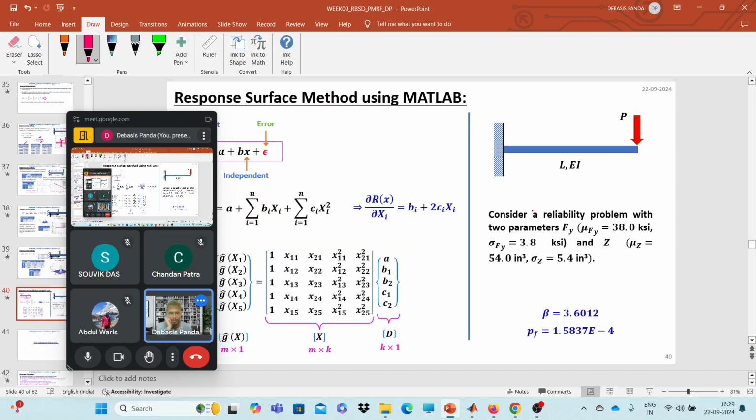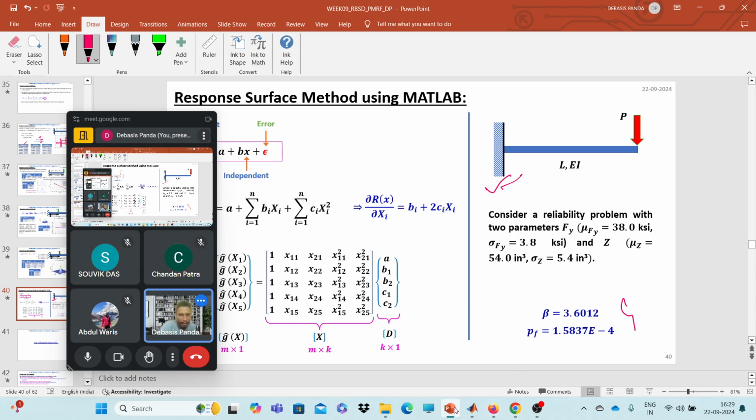Like this problem, which is directly taken from the Haldar and Mahadevan book. Here they have these values. If we wish to perform it using the response surface method, let's check whether we are getting the results or not. Your course instructor has already shown this, so it is going to converge; that is not the big issue.